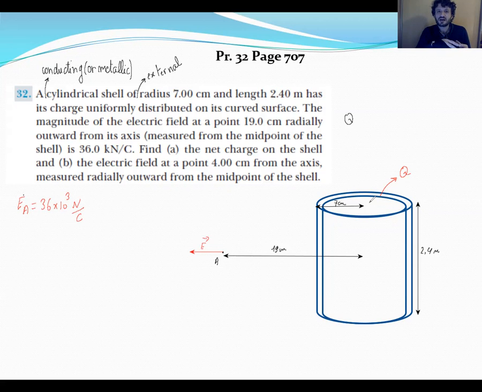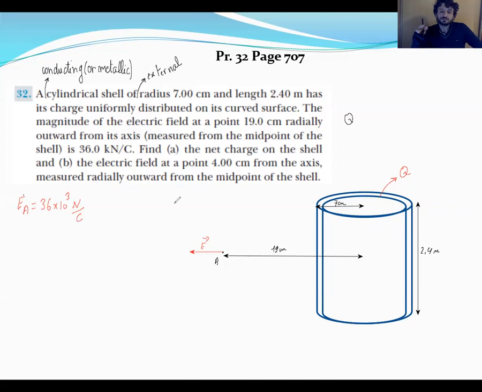In this case, the charge will be distributed on the external surface of the cylinder, at a distance 7 centimeter, because it's a conducting, metallic object. In the case of a uniform non-conducting object, the charge will be distributed uniformly inside the object at any point in the body of the object. But in this case, we have a conducting object.